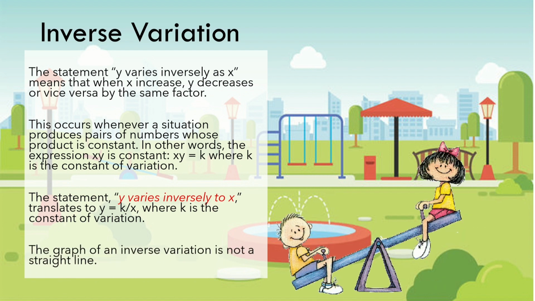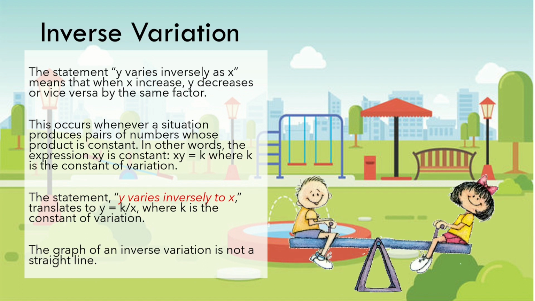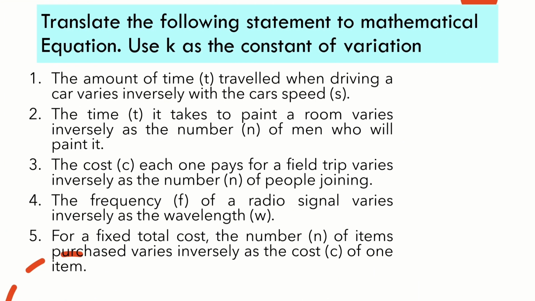Take note also that the graph of an inverse variation is not a straight line. Let's try to translate the following statements to mathematical equations. Use k as the constant of variation. Number 1, the amount of time t traveled when driving a car varies inversely with the car speed s.